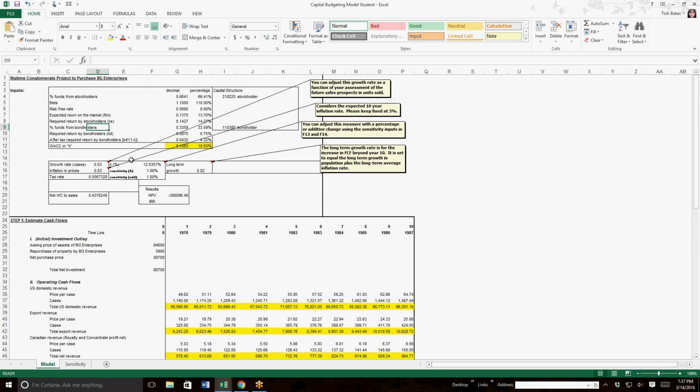Because they've got all kinds of stuff in here that you don't need. The beta, the risk-free rate, the expected rate of return. You might need it for some of these other calculations, but you don't really need it for the one they gave us in the assignment? This is the one from the assignment.